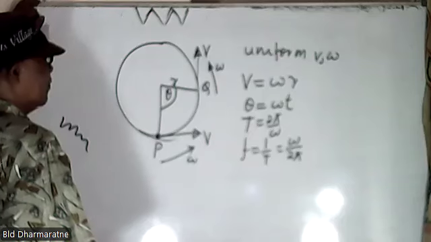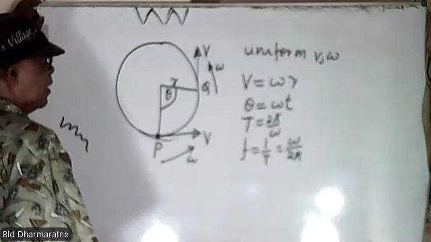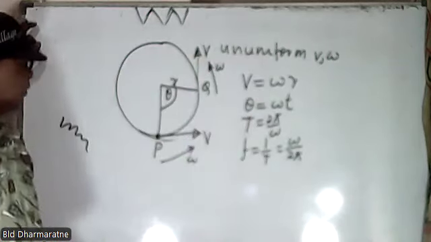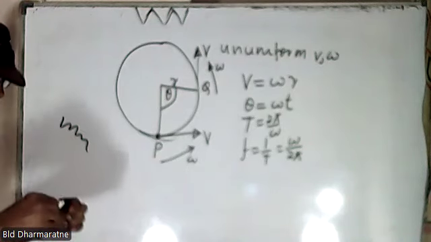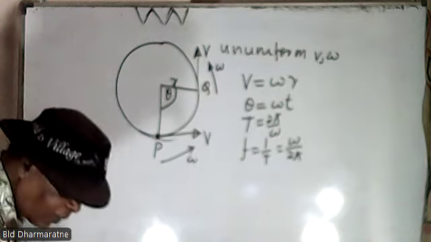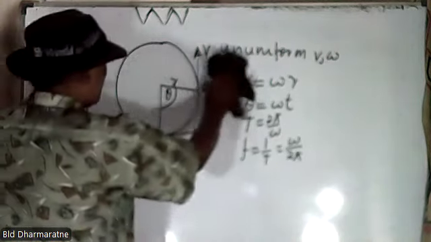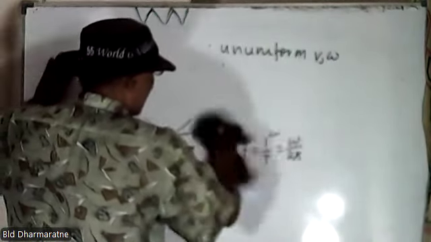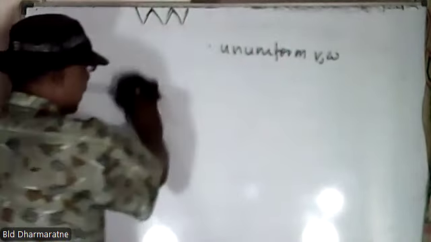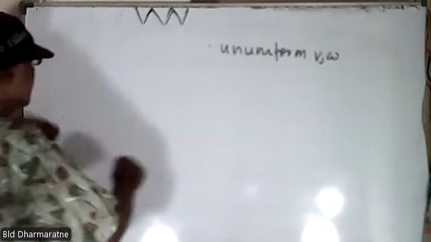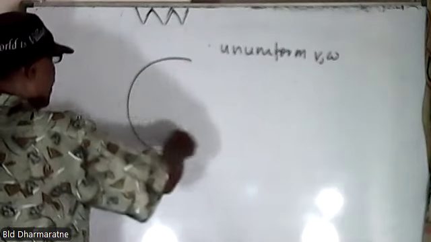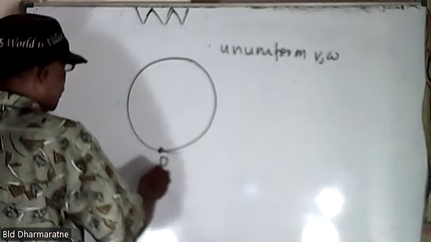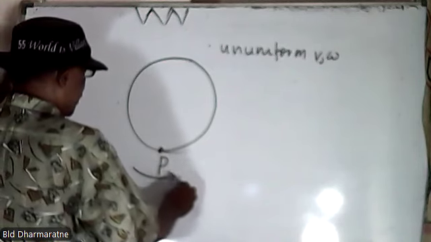Then we came to the non-uniform condition. What is happening? Omega is changing, V is changing, all of these are changing; displacement changes with time, and the others are also changing. In this circular motion, the initial point is P with angular velocity omega naught.